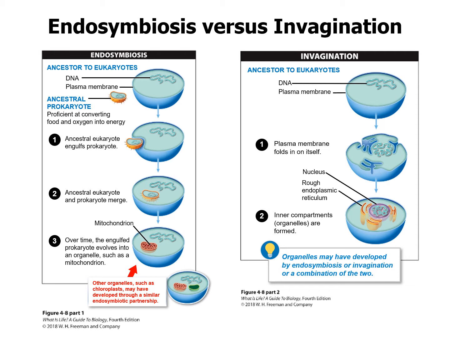And then on the right, we see that invagination process, potentially where the plasma membrane is folding in and squishing in on itself, and thus creating the rough endoplasmic reticulum, possibly the nucleus, etc. It's cool seeing that potential evolution in cells, which is not something you can necessarily find in a fossil record, which we'll get into maybe eventually.